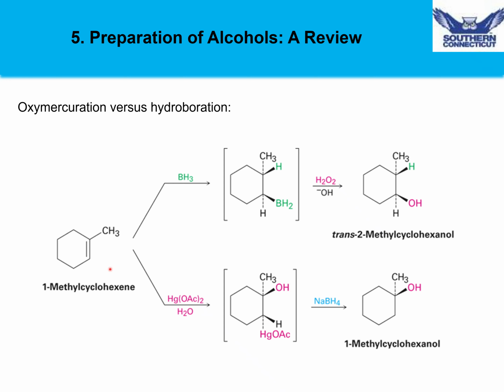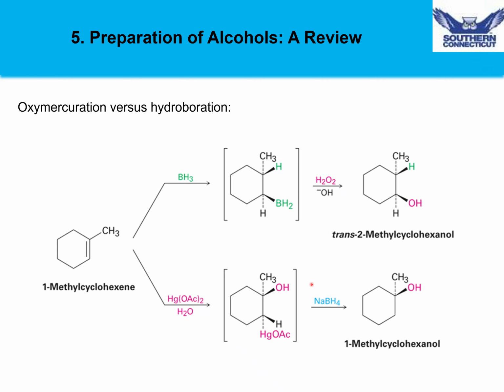Compare that to the oxymercuration. If we use mercury diacetate and water, we would add mercury acetate to the less substituted carbon, and we would add the water or the OH group to the more substituted carbon. So this would be a Markovnikov addition.